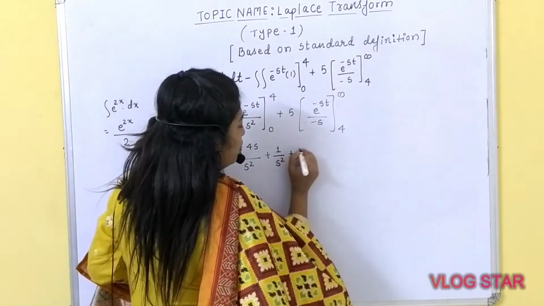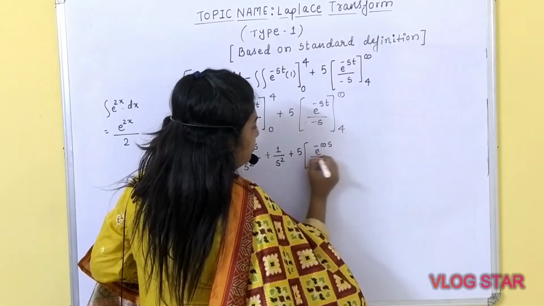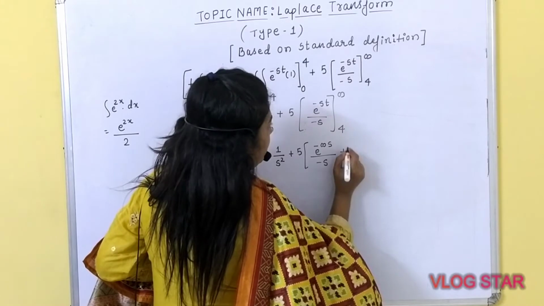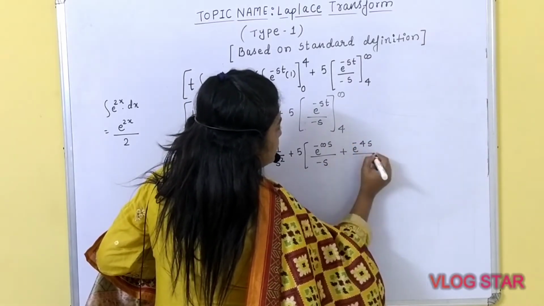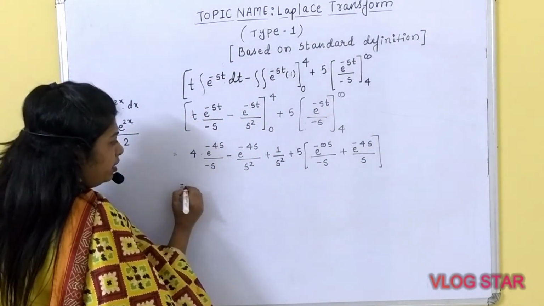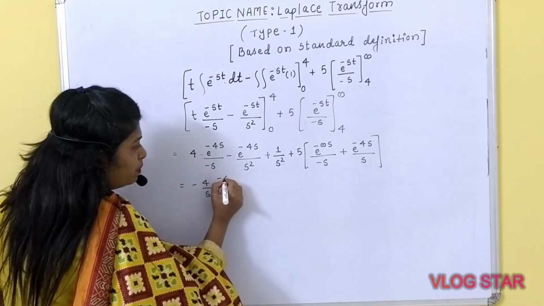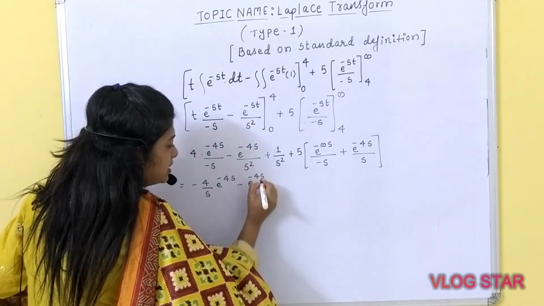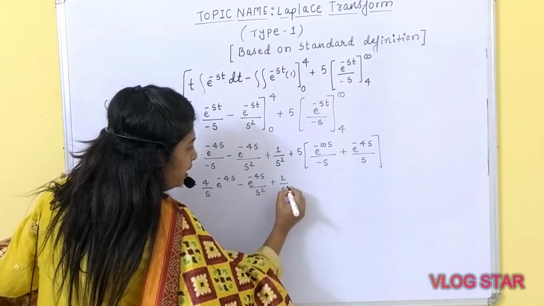Here, if you are going to substitute the upper limit, you will get minus 4 upon s e raised to minus 4s, minus e raised to minus 4s upon s square, plus 1 upon s square.